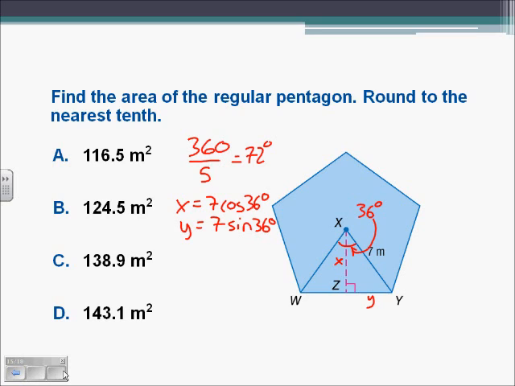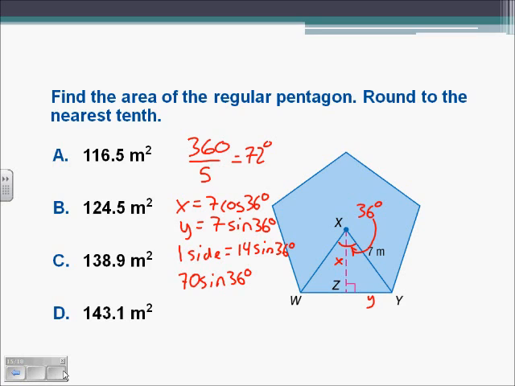But we know y is just half of one side length, so to find the whole side we need to multiply that by 2. So one side is going to equal 14 times the sine of 36. And we need to find the perimeter, which would be all 5 sides, so we need to multiply that by 5. So we're going to get 70 sine of 36 for our perimeter.